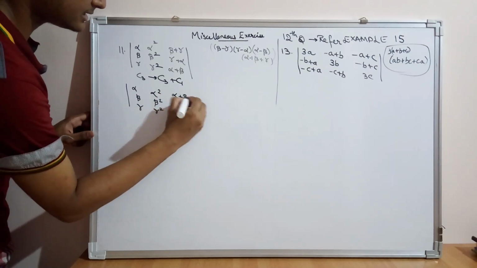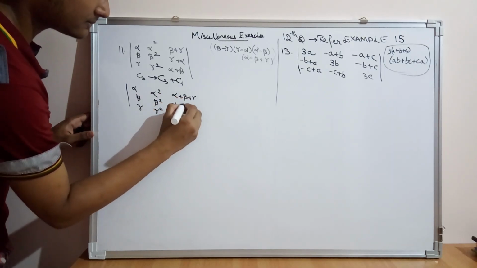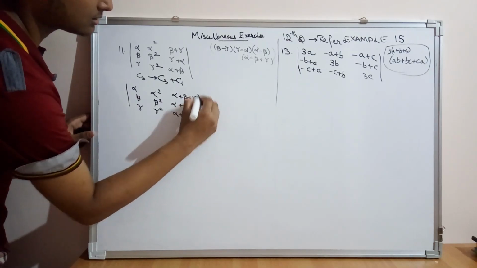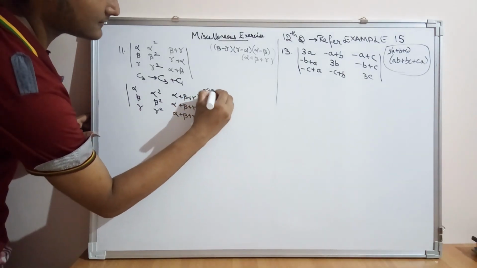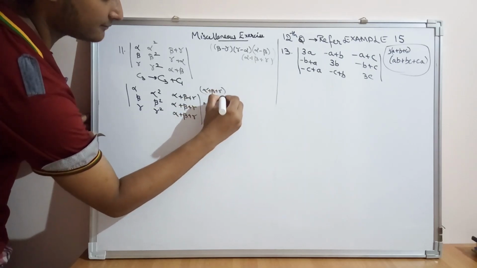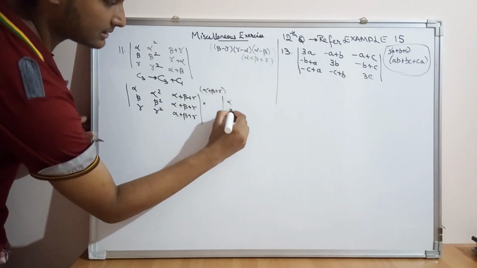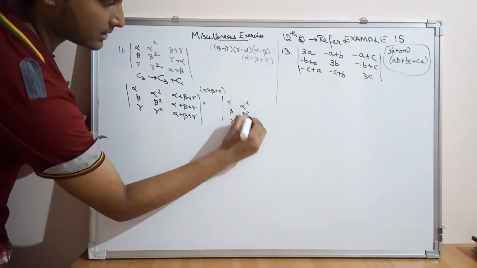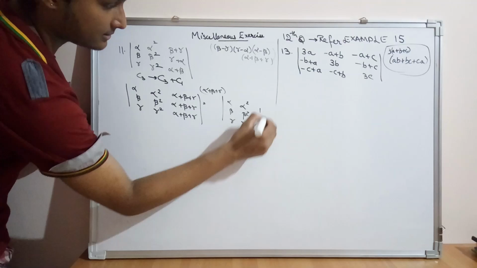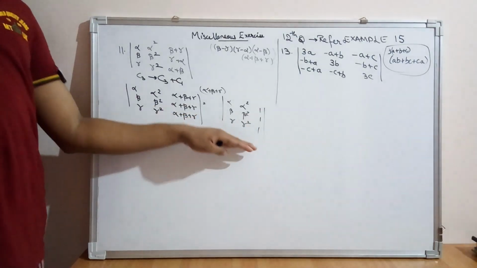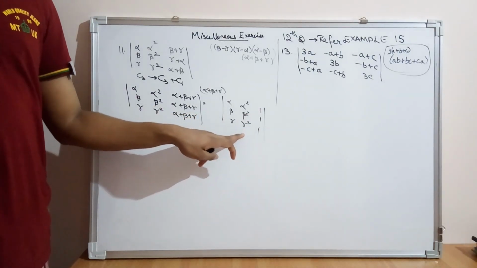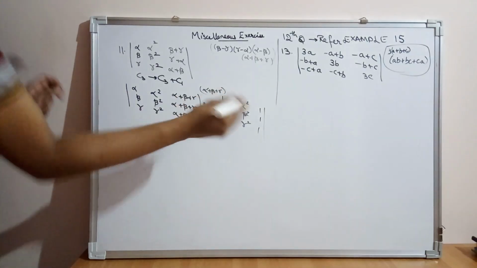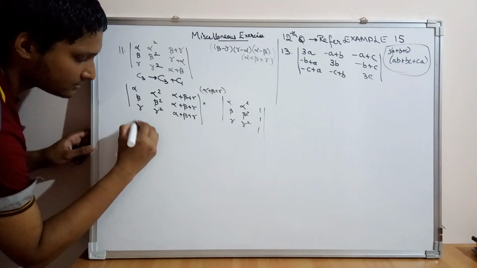Then here alpha plus beta plus gamma, alpha plus beta plus gamma, alpha plus beta plus gamma. Okay, so we can remove an alpha plus beta plus gamma outside, and we are going to get alpha, beta, gamma, alpha square, beta square, gamma square, 1, 1, 1. Okay, this is the most common thing. I think you have seen such things in at least one question. So I am going to do it faster now.